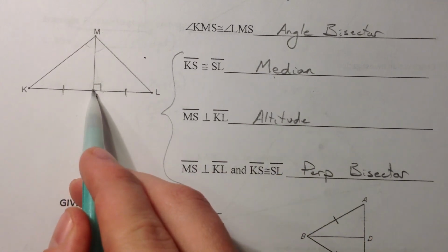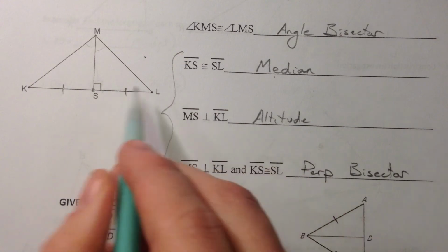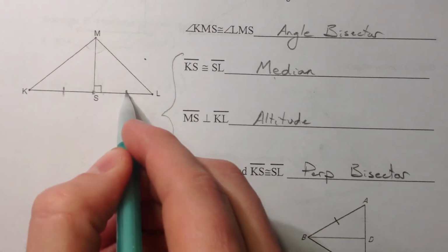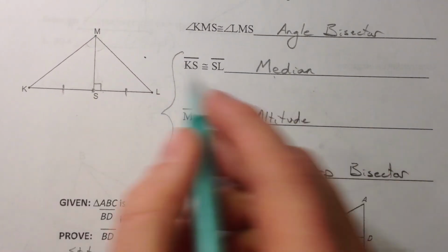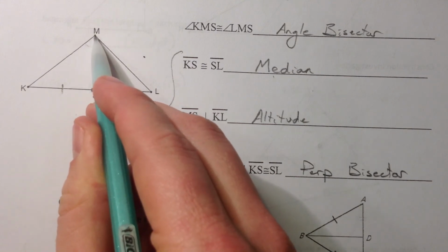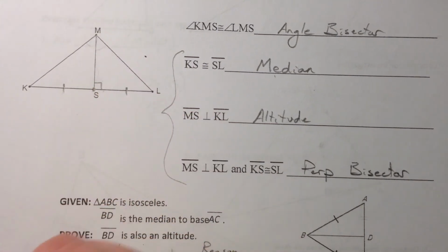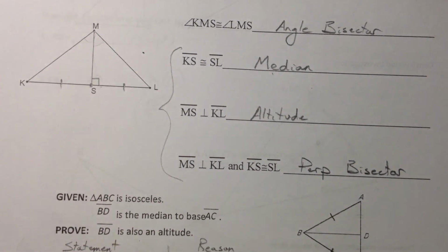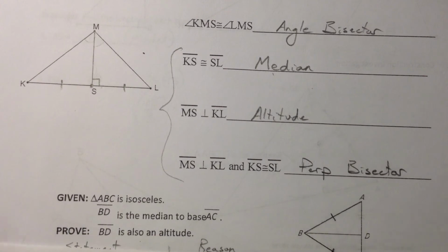For example, if your altitude is cutting it in half, the median and the altitude are going to be the same, because if it goes through the vertex up there. And lastly, we have a proof.